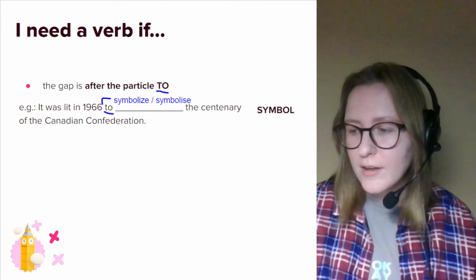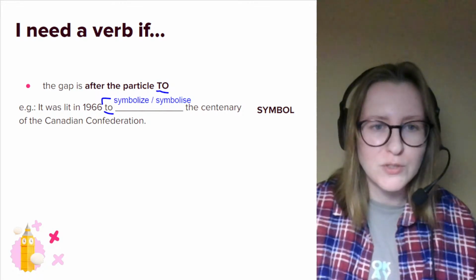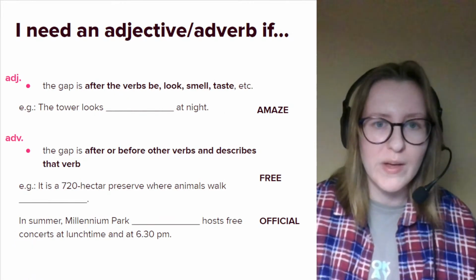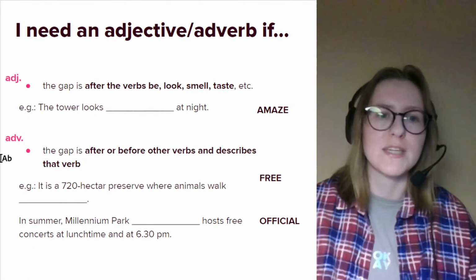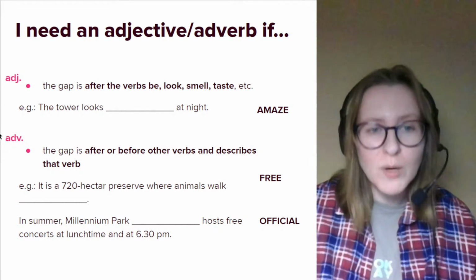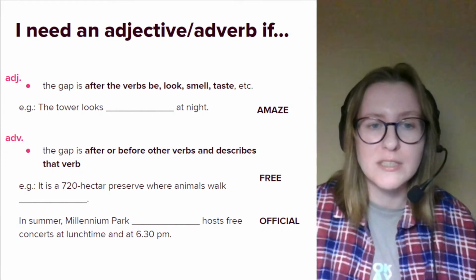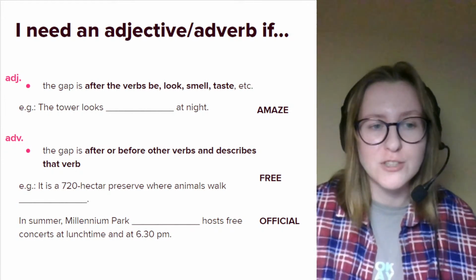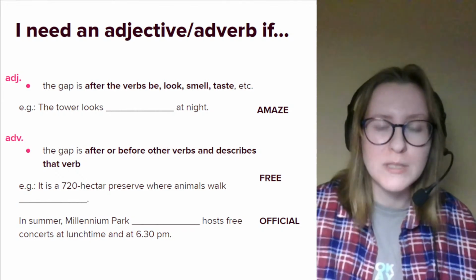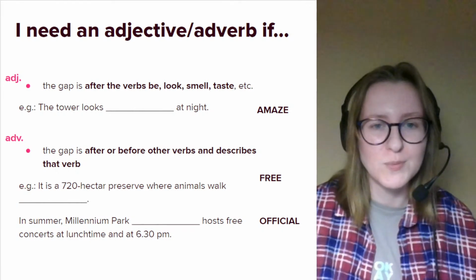Okay. No questions about the verbs, so we're moving on to adjectives and adverbs, guys. The most important thing to understand about adjectives and adverbs in 25 through 29 is, well, the differences between them.